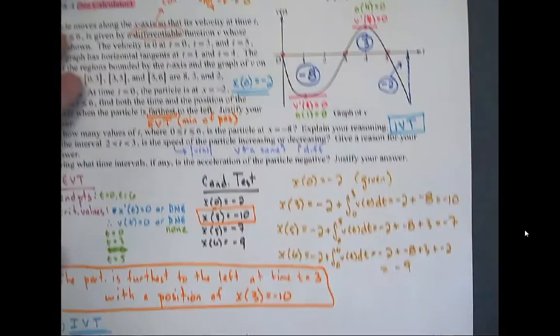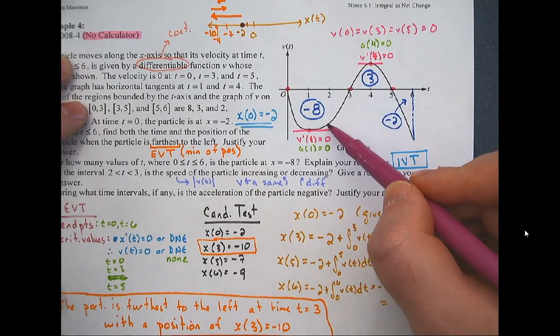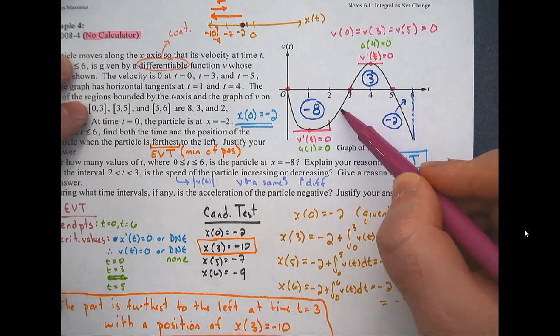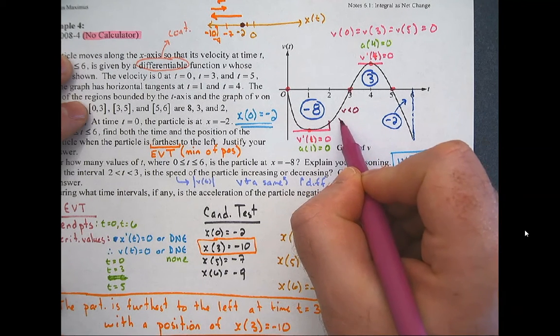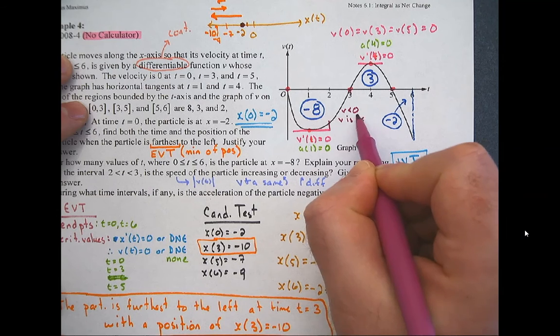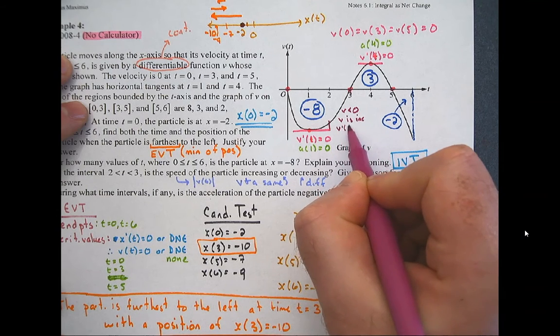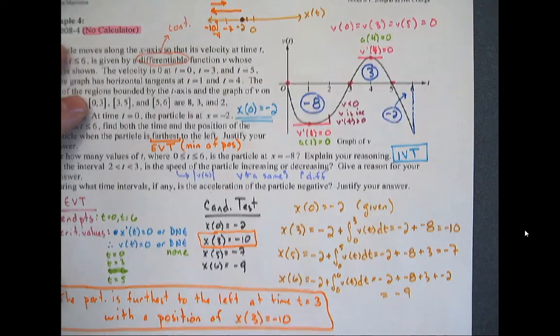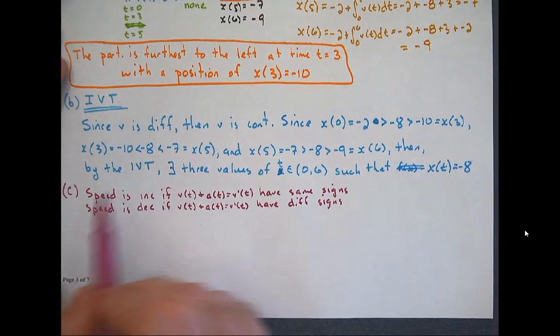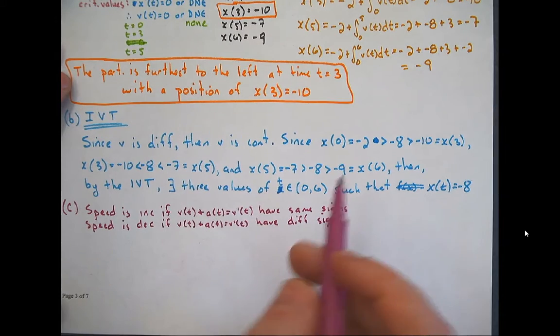So what's our argument? What is v of t? From 2 until 3, v is negative, but v is also increasing in that section. So in other words, v prime of t is positive. So is our particle speeding up or slowing down? Particle's slowing down. But we want to say it in the language they use. They used increasing or decreasing.